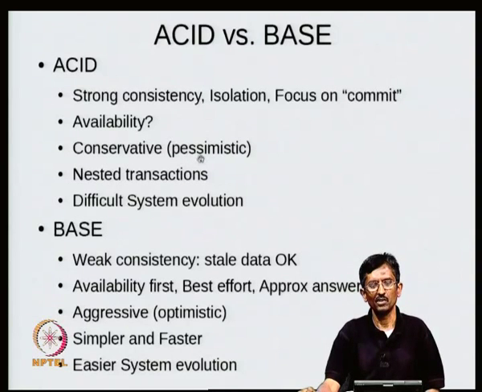Otherwise, you can also have nested transactions. Basically, the top level transaction depends on what has happened to, let us say, sub transactions, and so there are issues of correctness based on the correctness of the sub transactions. Typically, any system based on the ACID model has a slightly difficult system evolution, precisely because you have to specify what the consistency model is.